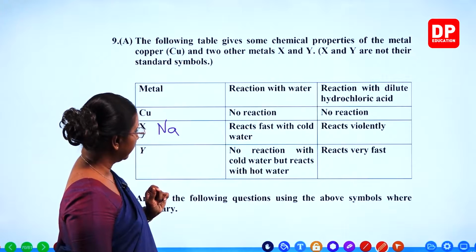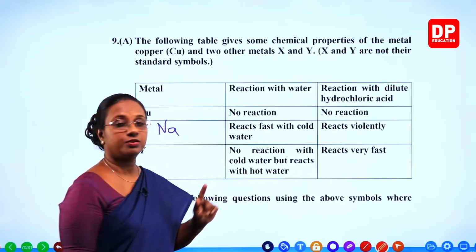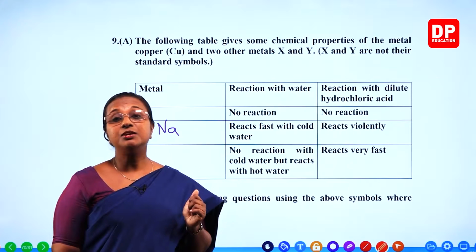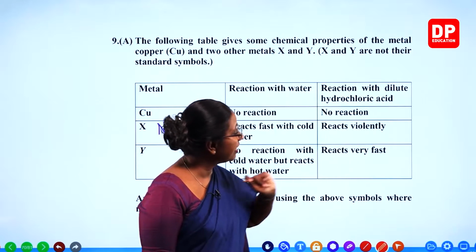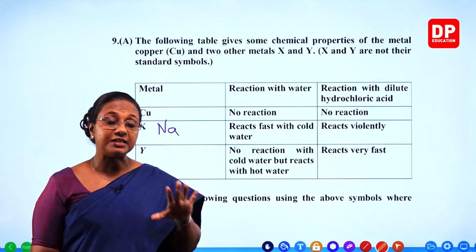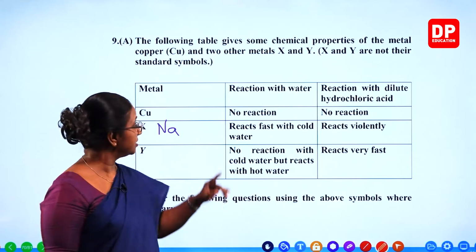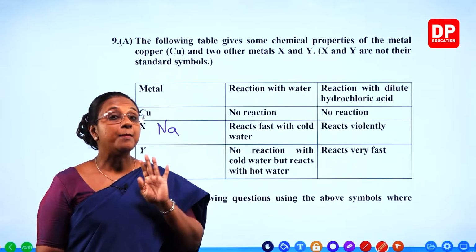Then if you take Y, no reaction with cold water but it reacts with hot water. So then immediately you know what it has to be, whereas it reacts very fast with dilute hydrochloric acid. Now, out of the metals where we have discussed the reactions, sodium reacts fast with cold water itself.